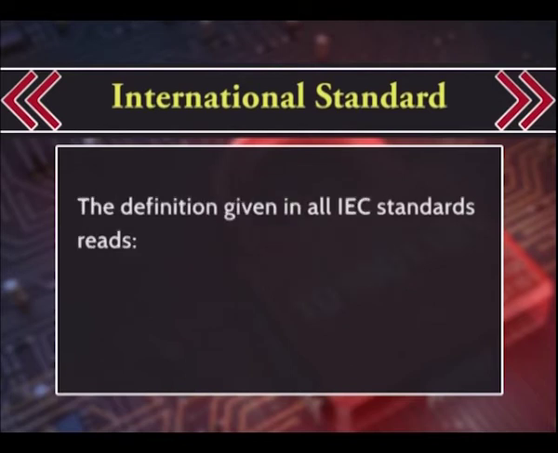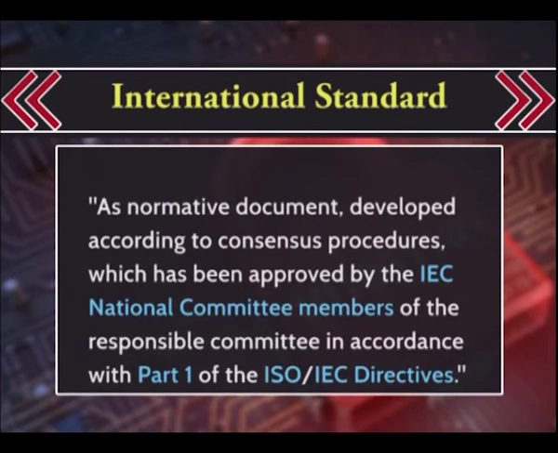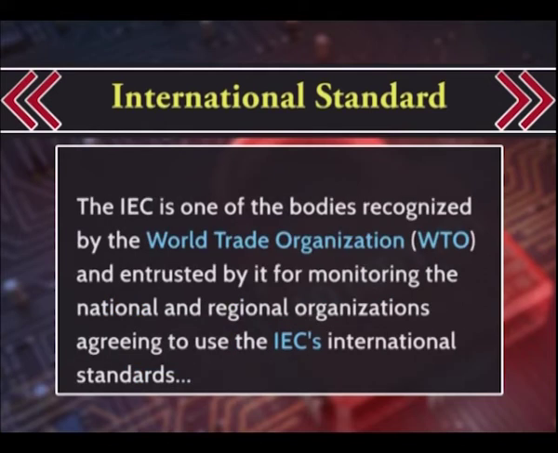The definition given in all IEC standards reads as a normative document developed according to consensus procedures, which has been approved by the IEC National Committee members of the responsible committee in accordance with Part 1 of the ISO/IEC directives. The IEC is one of the bodies recognized by the World Trade Organization and entrusted by it for monitoring the national and regional organizations.